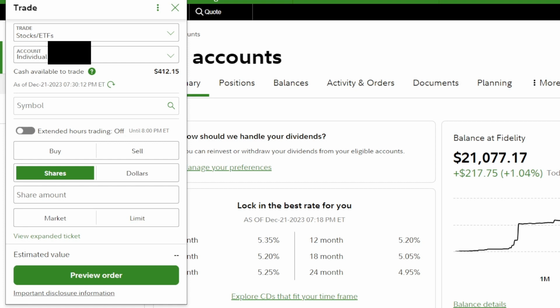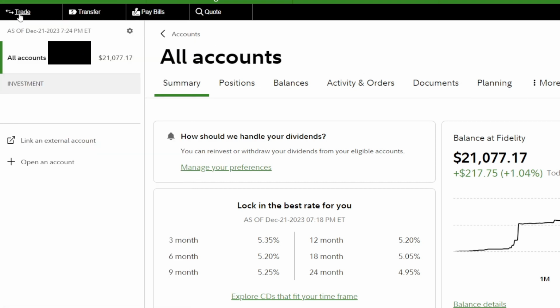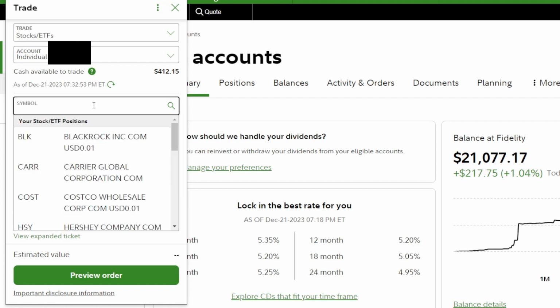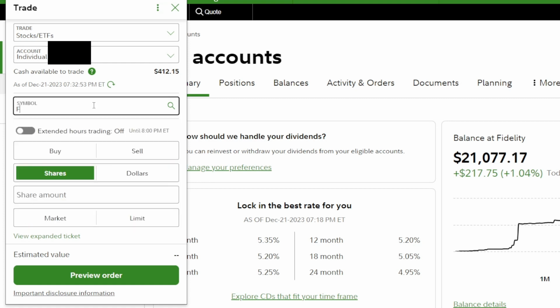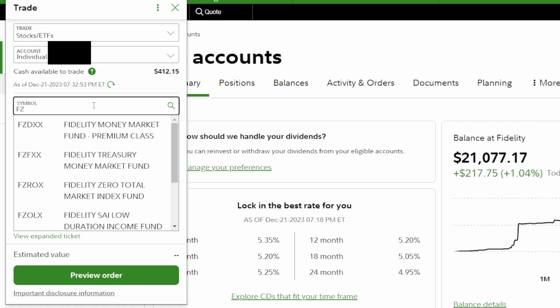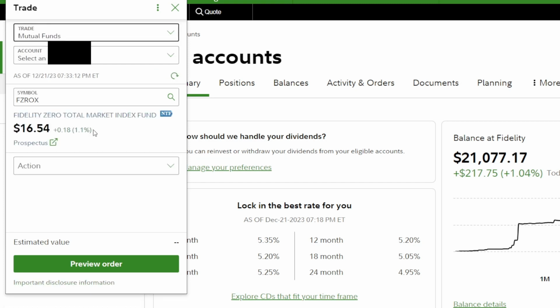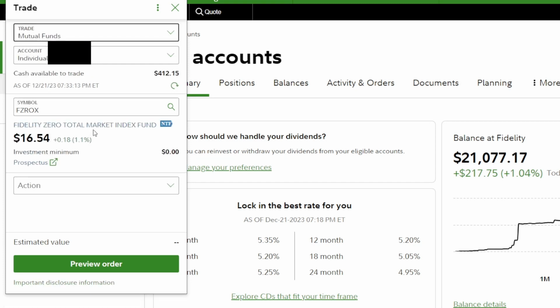So if you want to purchase this fund, you'd first want to click on the trade in your app. If you're on the Fidelity app, you can click transact and then trade. And you want to search for FZROX. This is the symbol that you would use, and then you would select it, and you can take an action.